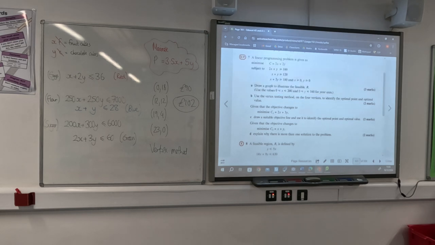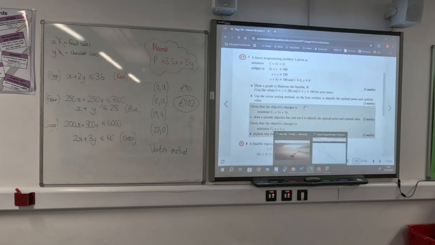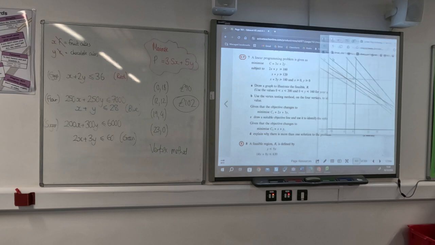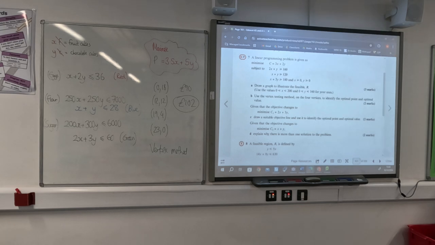I reckon you need to go to 200 on both axes.